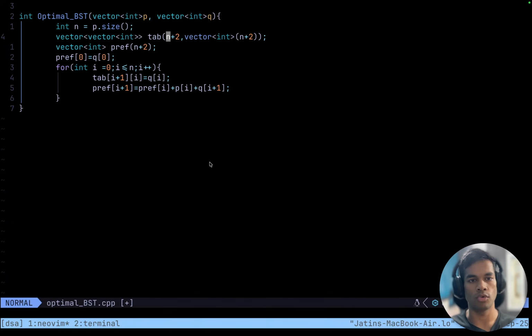And this thing is going to give me the answer when I am choosing nodes from index 0 till index n. So n plus 1, n is nice.